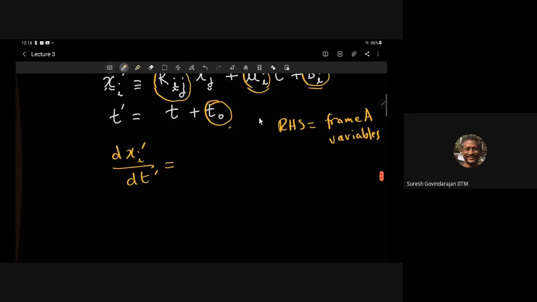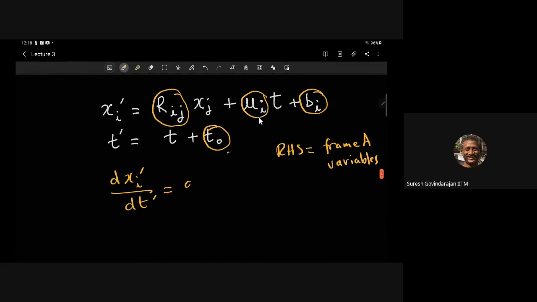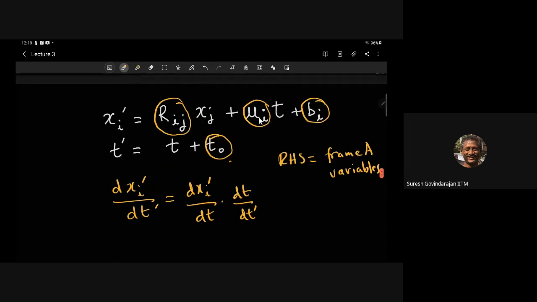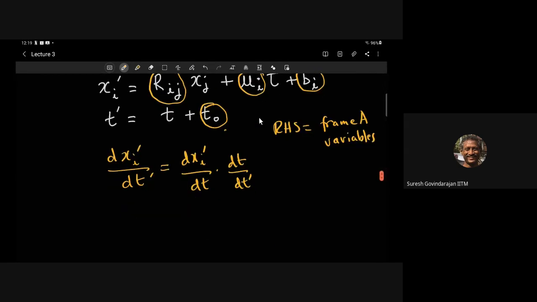Okay. d square xi prime by dt prime square will be d xi prime by dt times dt by dt prime, by the chain rule, right? But dt by dt prime is 1, so I can just take the derivative with respect to t, and you'll see that Rij is a constant matrix. So what we get really is this.